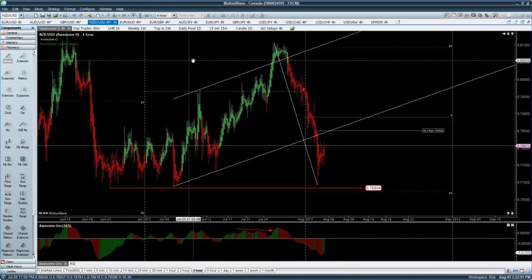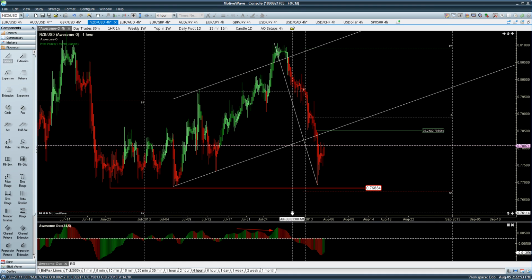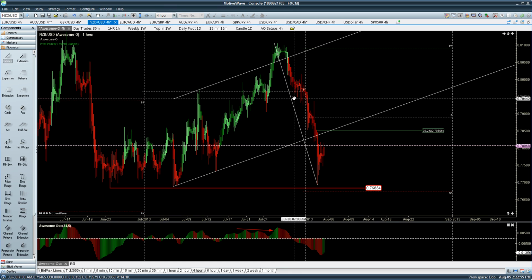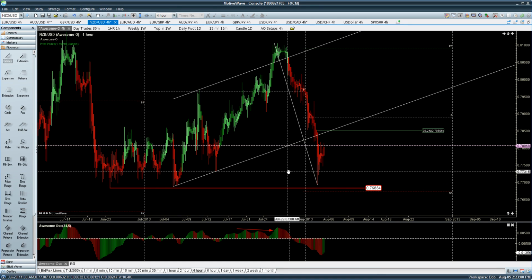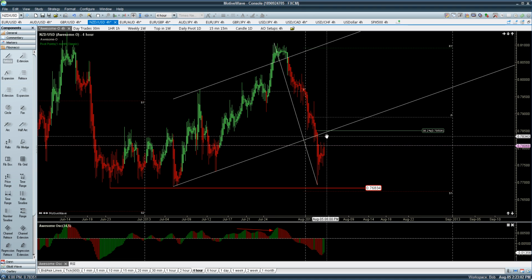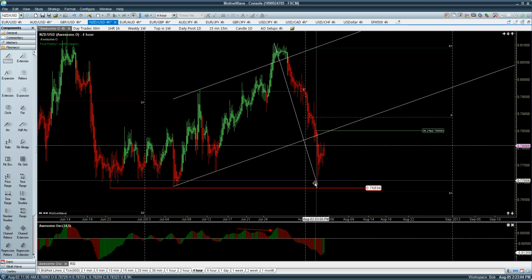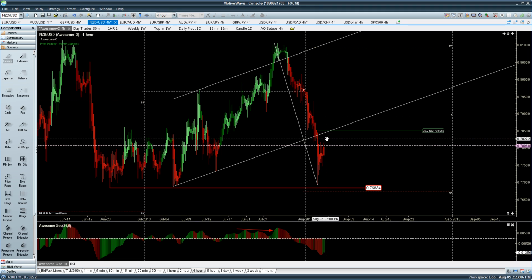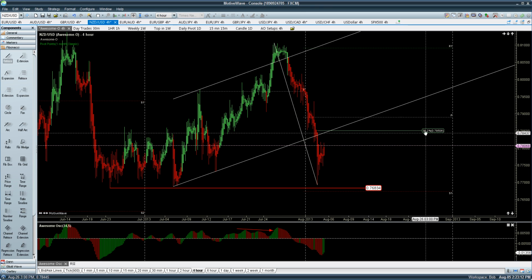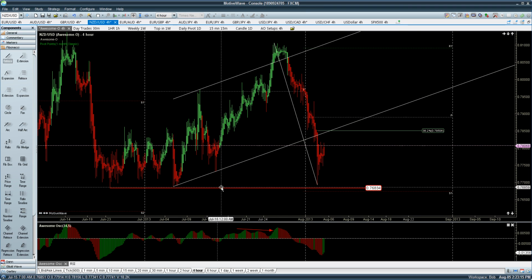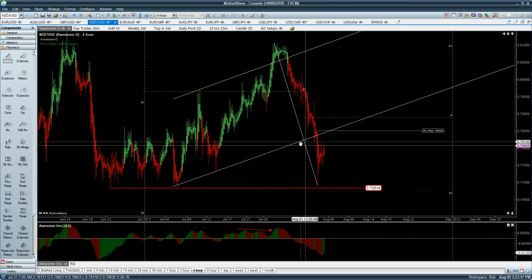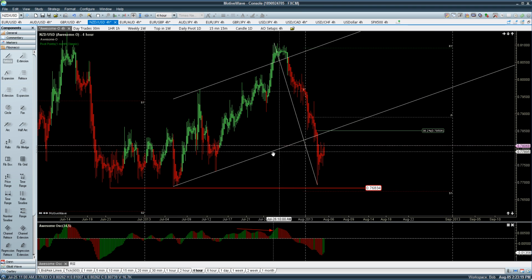New Zealand, I don't really cover that a lot. Not sure what's going on with this mess, but looking at the oscillator, we had a nice zero line cross here, which obviously met its target. Gap down last night, and it looks like it's trying to fill that gap, which comes in around 78.40, just below 382 retrace, and then that would be a retest of this broken trend line here.